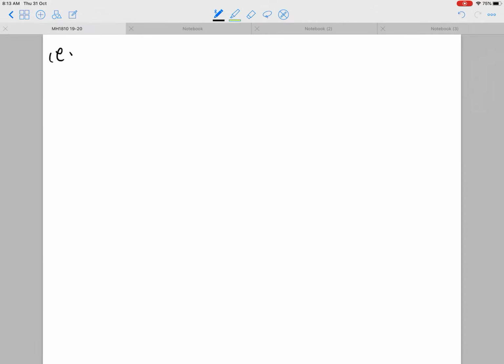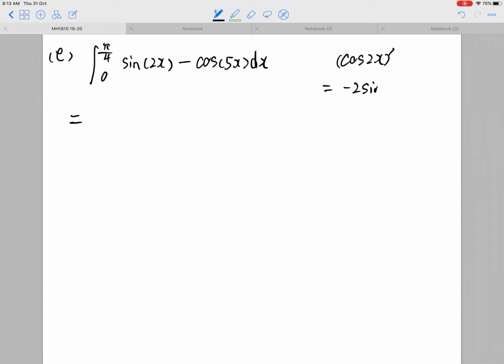And part E. Part E, it's the integration of this. So, for example, sine 2x, right? Notice that cosine 2x's derivative is negative 2 sine 2x, right?